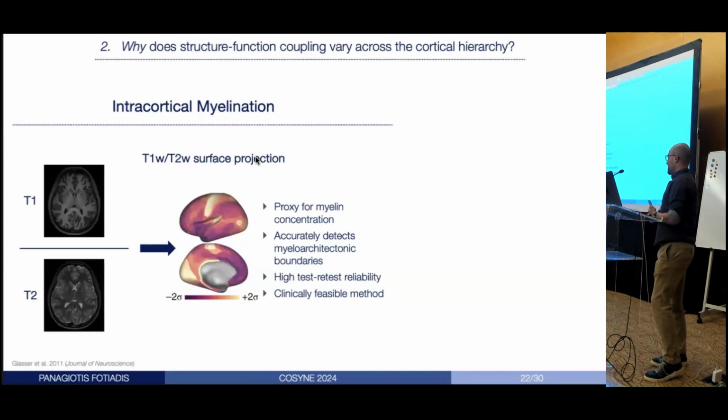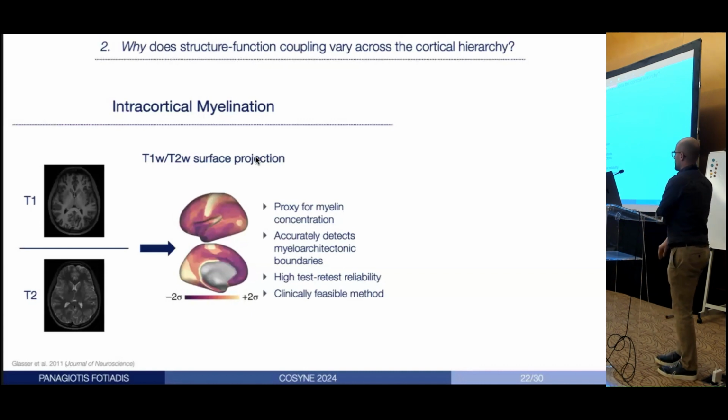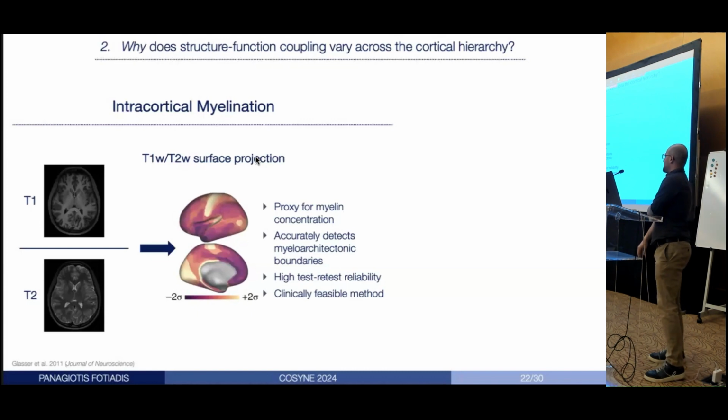The way that we non-invasively assess that is using a well-established approach that was proposed a decade ago, where we take the T1 weighted and T2 weighted MRIs, which are anatomical MRIs that show you, in really good contrast, differences between white matter, gray matter, and CSF. If you divide the two, you can project the ratio onto the cortical surface, and this turns out to be a really good proxy of the amount of intracortical myelination across the cortex.